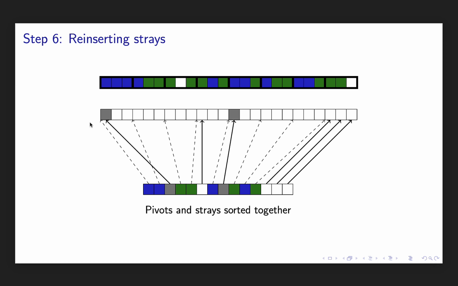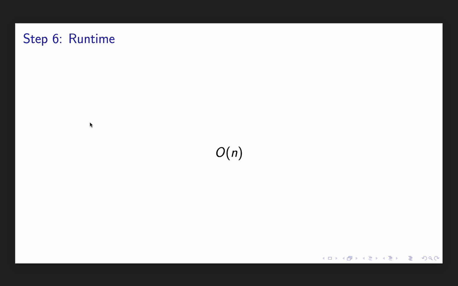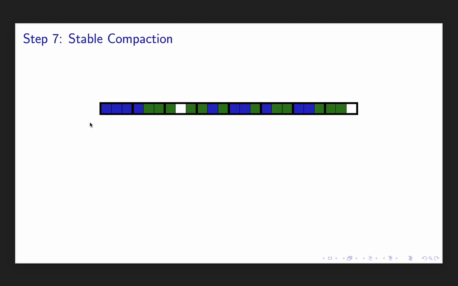At this point, most of the slots will be empty, and some of the slots will be filled by dummy elements, but all of the strays will be near the correct pivot. Then we insert this block, in this example a block of 3 slots, right after each of the pivots in the full list. This whole thing can be done in a linear pass, and so it takes linear time.